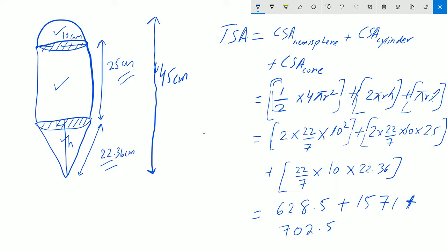Now adding all of this, we get the final answer of 2902 centimeters squared. So this is the total surface area of this whole figure, which we calculated by calculating the curved surface areas of these three figures separately.